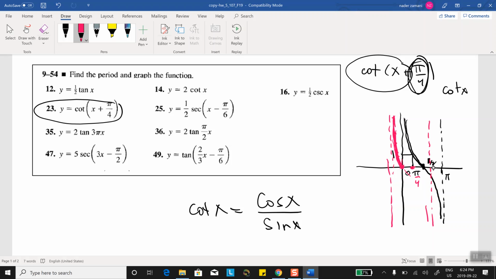And it goes down here, and it goes down like that. So the horizontal distance between any 2 points on the graph is the amount pi over 4, which is this much basically.